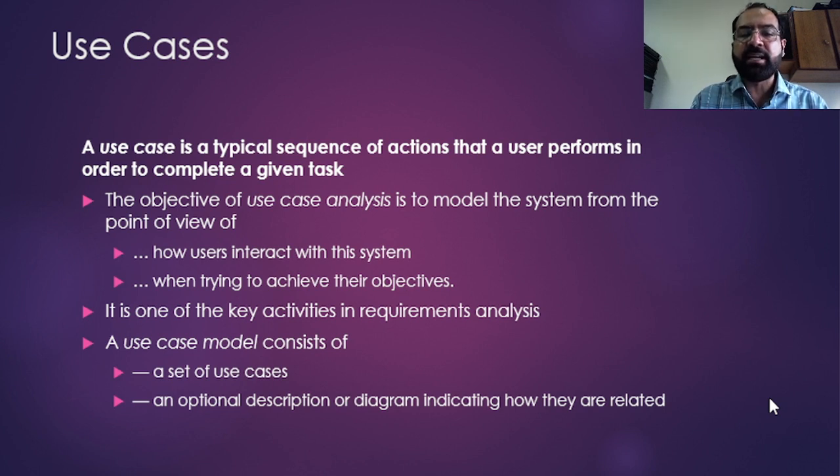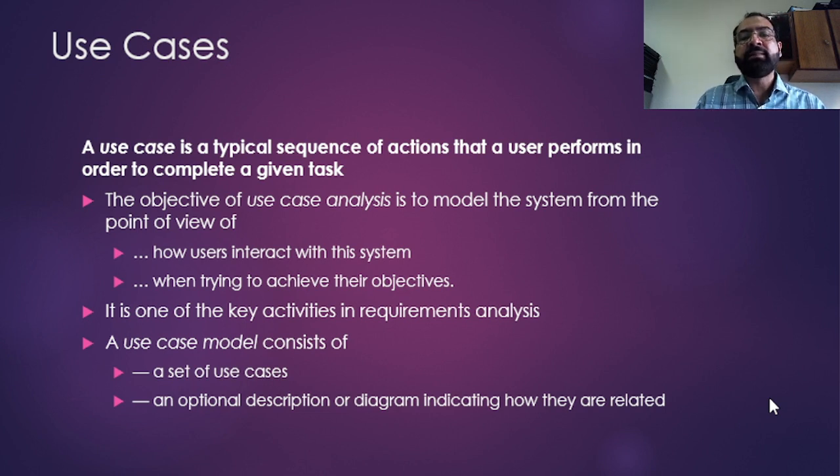So it is a functionality, it is a use case. It involves certain interactions. The users which are involved in the interaction with the use cases are also called actors. So an actor is something which acts and performs interaction with the use cases. It is one of the key activities in requirement analysis to determine those use cases.